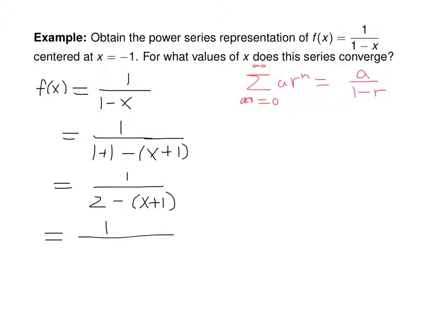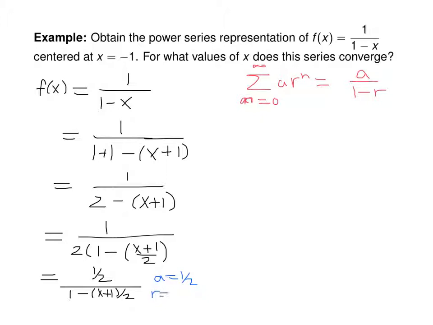Factor out the 2, so it becomes 1/2 over 1 minus x plus 1 over 2. And now in this case we have a is equal to 1/2 and r is equal to x plus 1 all over 2.